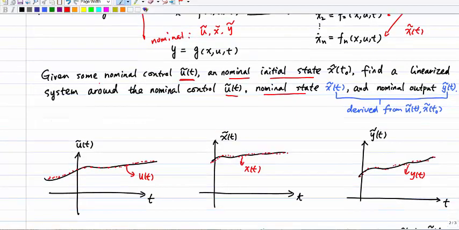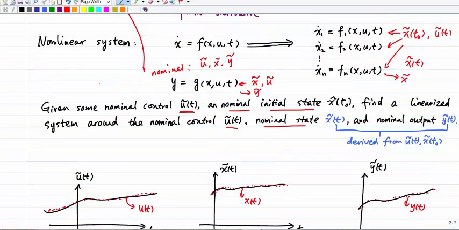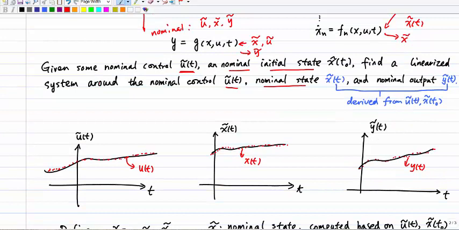That's what I mean: if I give you certain nominal control input, I can compute the nominal state. Of course, when I put this nominal state x tilde and u tilde into this equation, I get y tilde. That's what I mean by nominal. You give some input, and you get some state and some output.